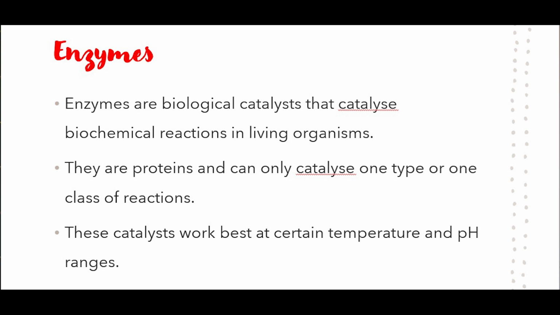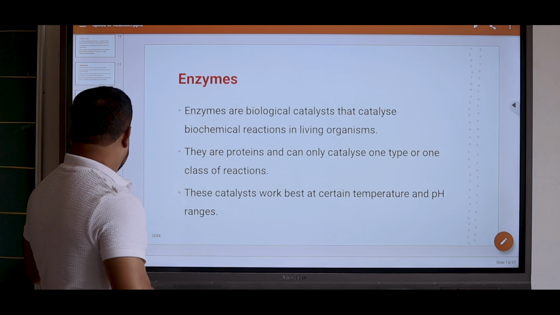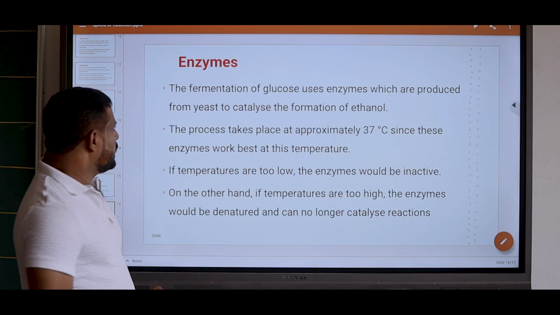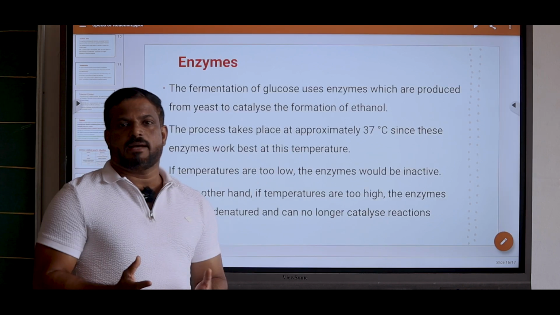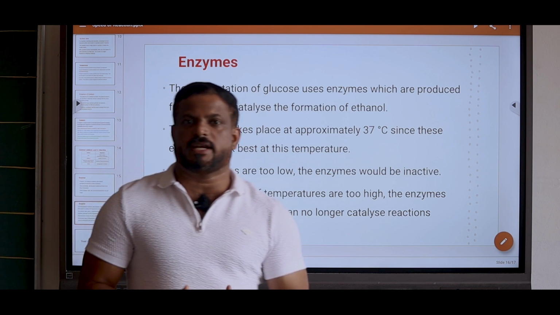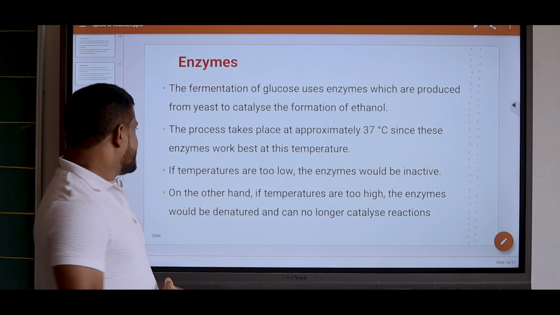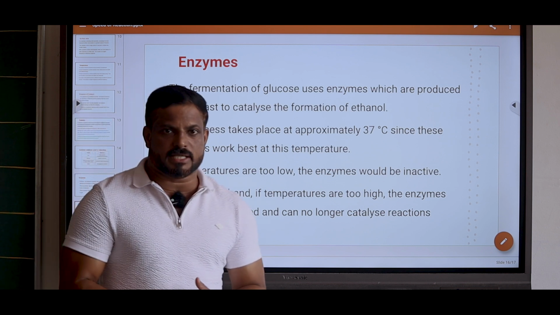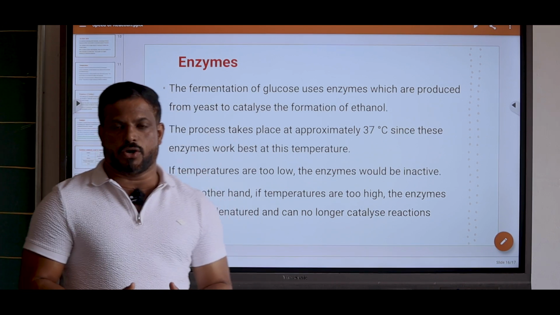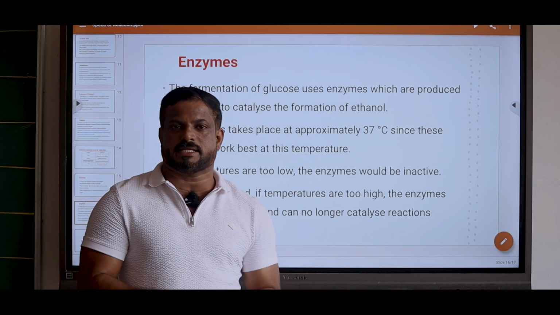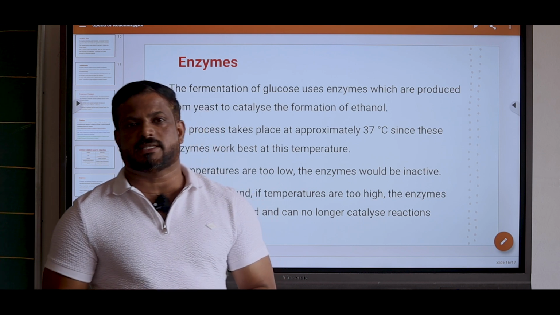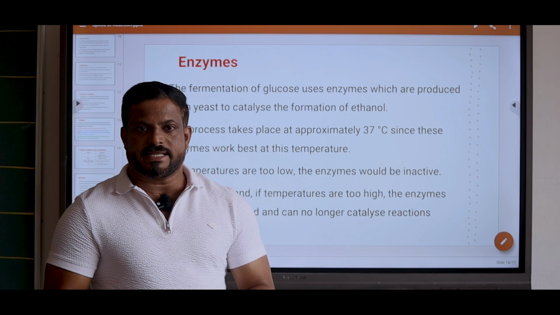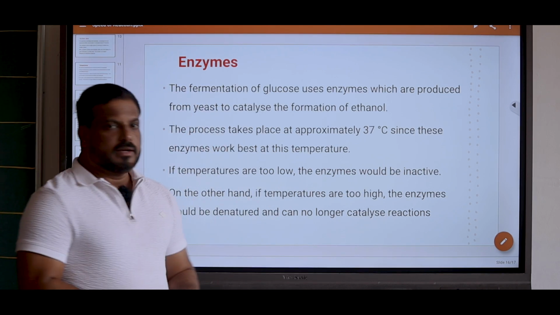They react only for particular reactions. For example, for fermentation of glucose, we need enzymes. That enzyme is zymase. But there are certain conditions. At higher temperature or higher pH, the enzyme will not work. That means an optimum pH and optimum temperature are a must for enzyme activity.